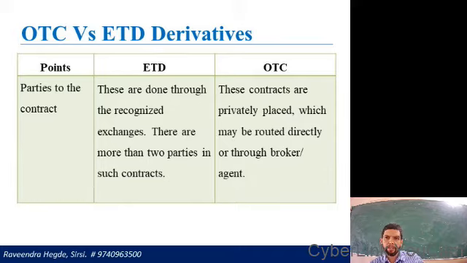And in OTC, the contracts are privately placed, which may be routed directly or through a broker or agent. So in ETD, there may be more than two parties in the contract, but in OTC, there are only two parties.